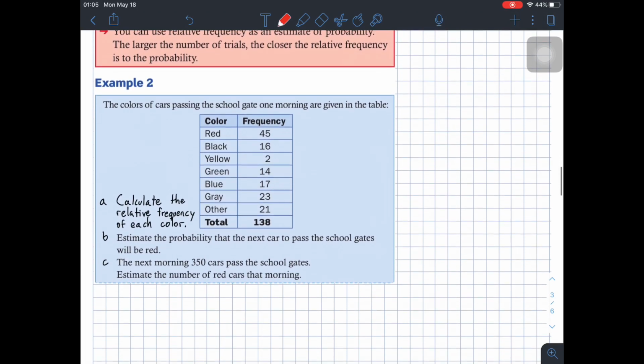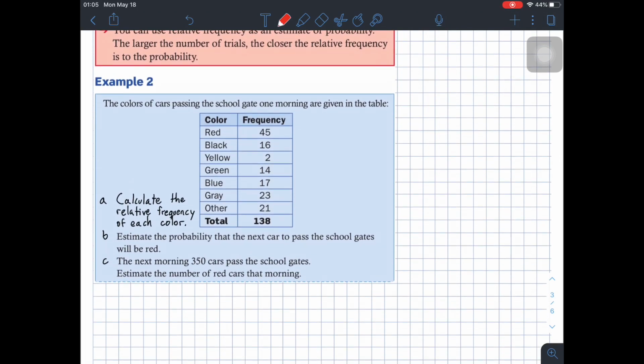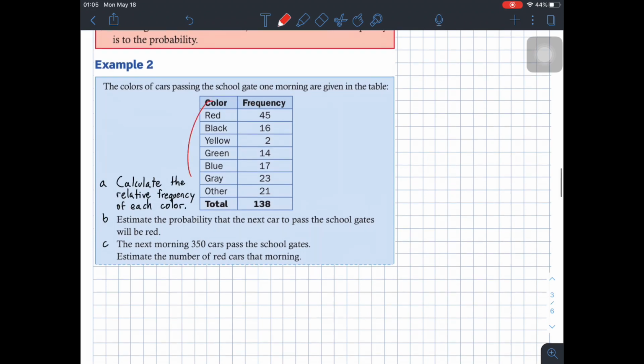So let's take this example. It says, the colors of cars passing the school gate one morning are given in the table. So we have different car colors and the respective frequency, which is something that was observed by this person, okay? So this person observed a total of 138 cars, and classified each of the cars by its color, okay?